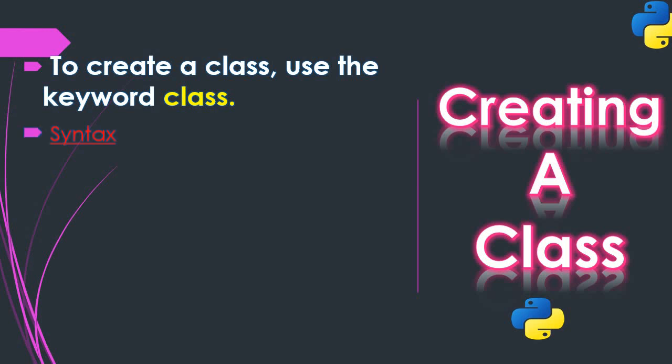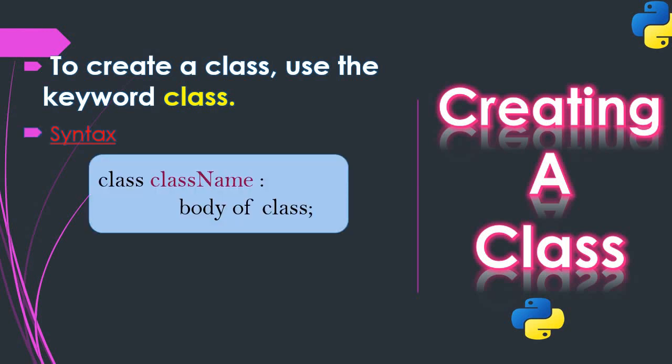Now the syntax for creating a class is: first we write the keyword class, and after that the class name. This class name will be according to our choice, like we were creating variables. Then we give a colon, and under that we write the body of the class.